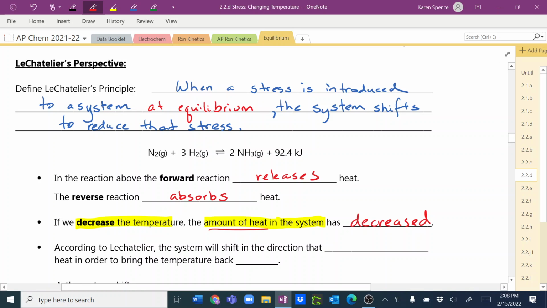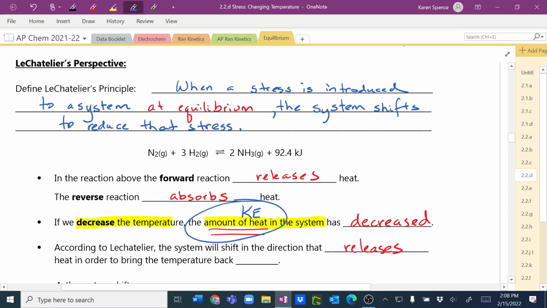The amount of heat was decreased. So we want to get more heat. So we want to release heat. Think of it as kinetic energy, okay? Instead of thinking of it as heat, think of it as kinetic energy. So if we decrease the temperature, the kinetic energy in the system has decreased.